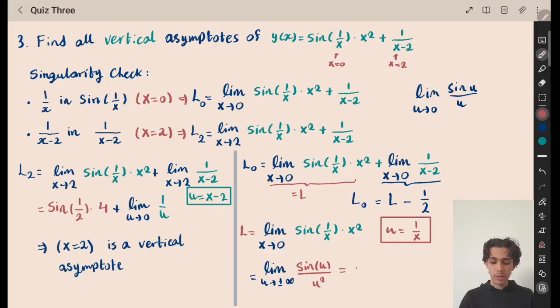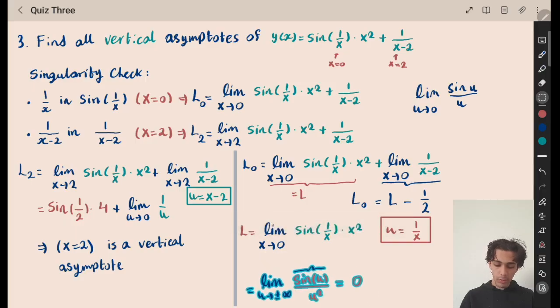It will be 0. And the reason for this is that sine of u is a bounded function. Let me write this down. So no matter what the value of u is, the sine function always has a range between -1 and 1.